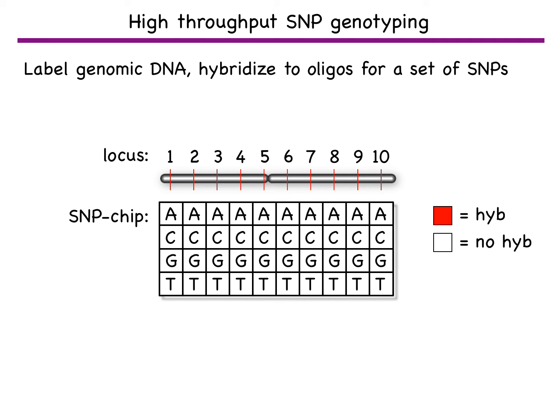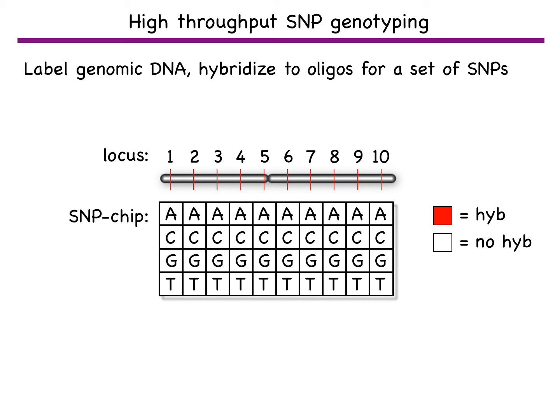Okay, so again, as I mentioned several times, the big advantage of hybridization for genotyping SNPs is that it can be done in a very high throughput fashion. The way you do this is you label your genomic DNA and hybridize to oligos for a set of SNPs. So let's imagine we were looking at 10 different spots along the length of this particular chromosome that we know are polymorphic in the population.